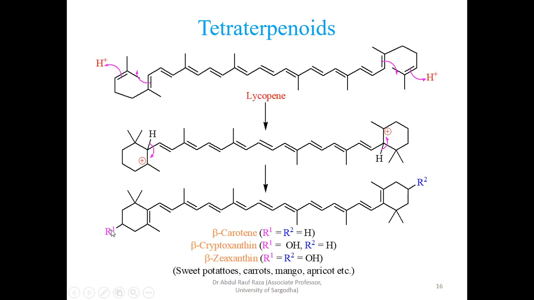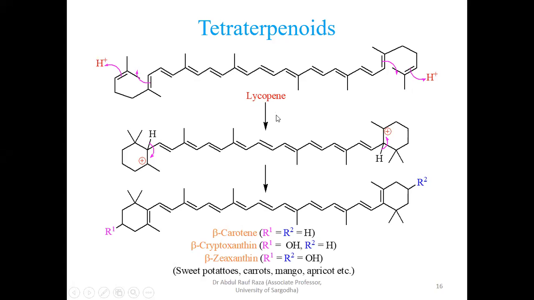If we have this R1, I am presenting here, and at the same position R2 in the other ring. If both of them are hydrogen, lycopene is converted directly into this one. No, sorry. In lycopene, I forgot, we don't have a double bond here.